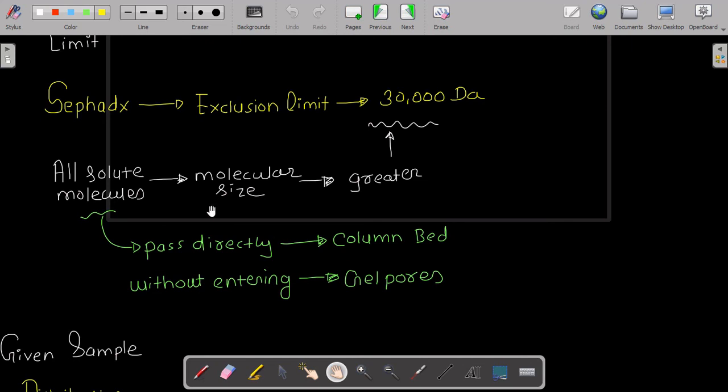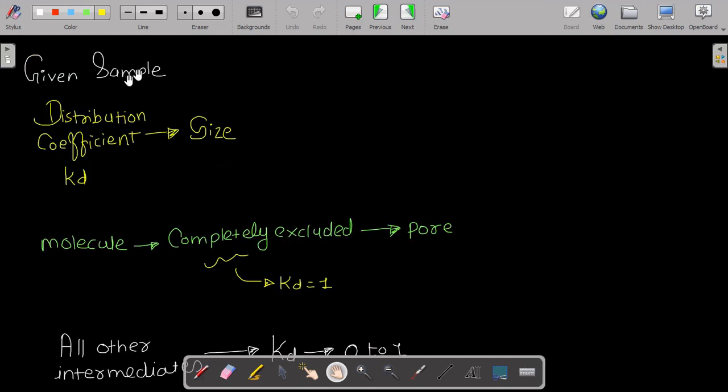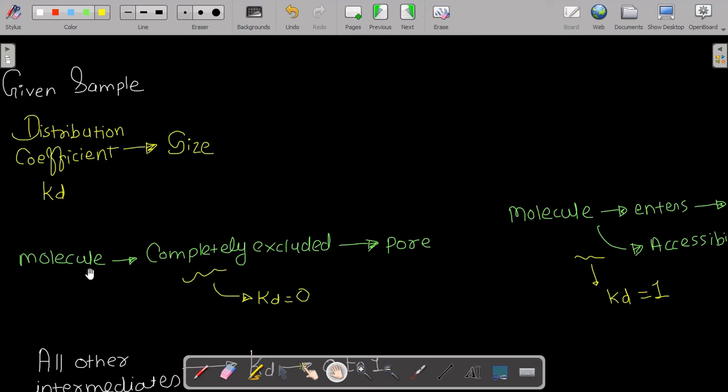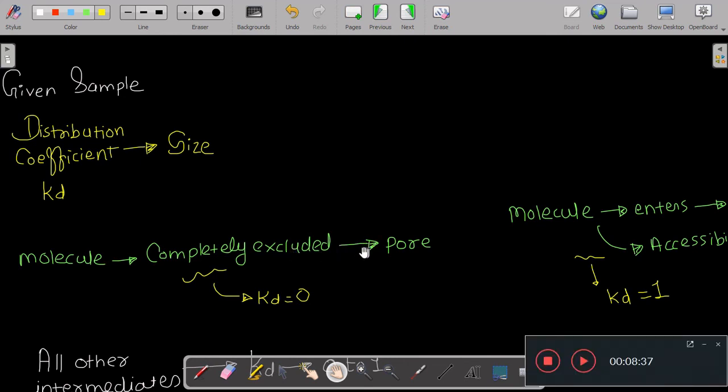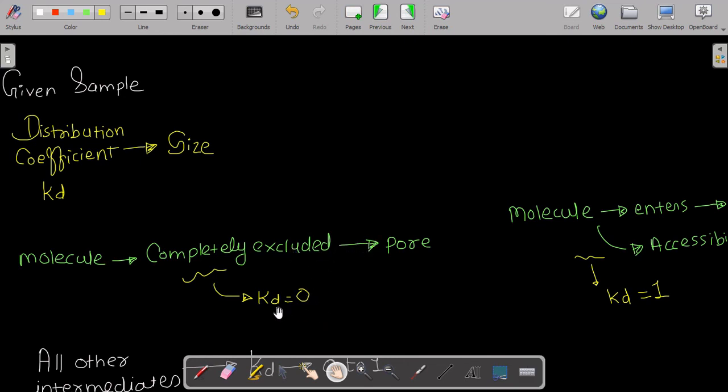and then it will take a longer time to come out of the matrix. Now for a given sample, the distribution coefficient, that is Kd, depends upon its size. Consider a molecule. If that molecule is completely excluded from the pore, then the distribution coefficient Kd for that molecule is 0.